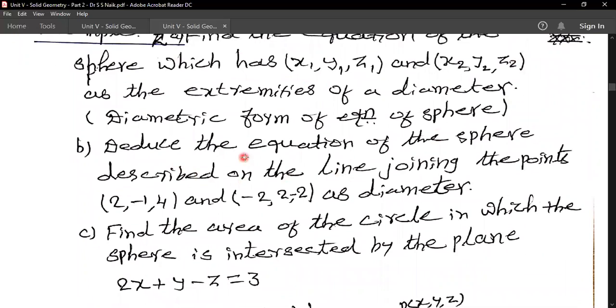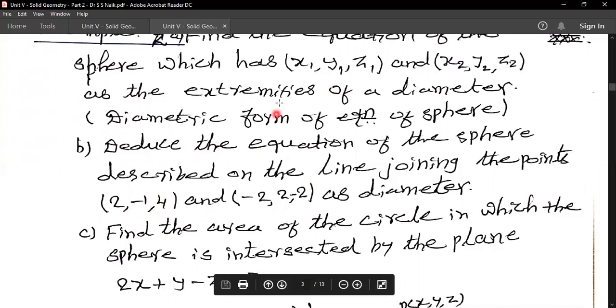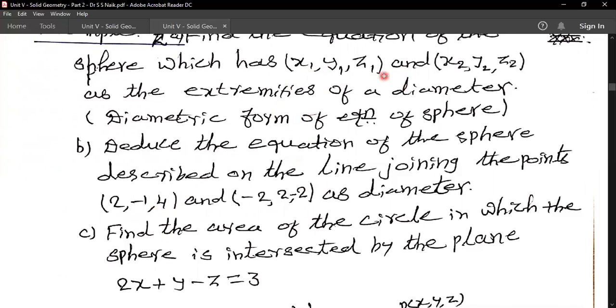Then also deduce the equation of a sphere described on the line joining the points 2, -1, 4 and -2, 2, -2 as a diameter. That means this is the general equation and this is a particular equation. Put x1 equal to 2, y1 equal to -1, z1 equal to 4, and x2 equal to -2, y2 equal to 2, and z2 equal to -2 as the diameter.